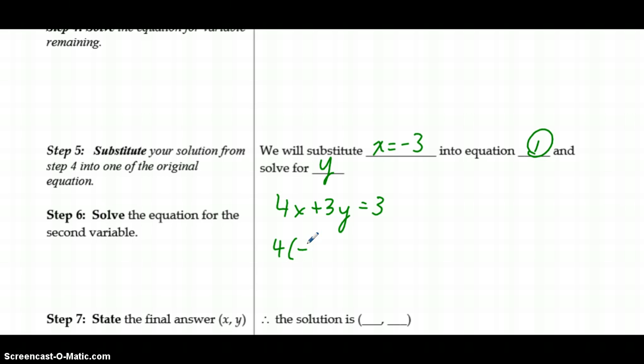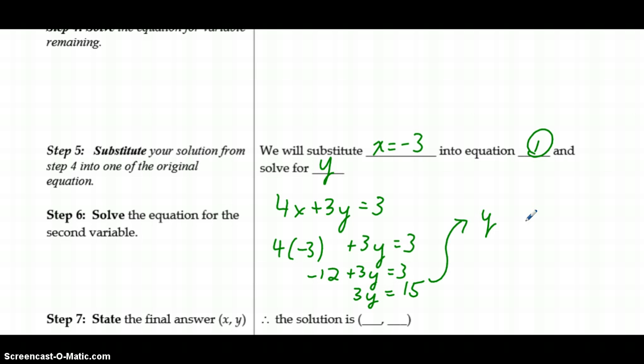So 4 times negative 3 plus 3 times y equals 3, negative 12 plus 3y equals 3. Add the 12 to the other side, and finally dividing out by 3. Our solution then is negative 3 for your x, positive 5 for your y.